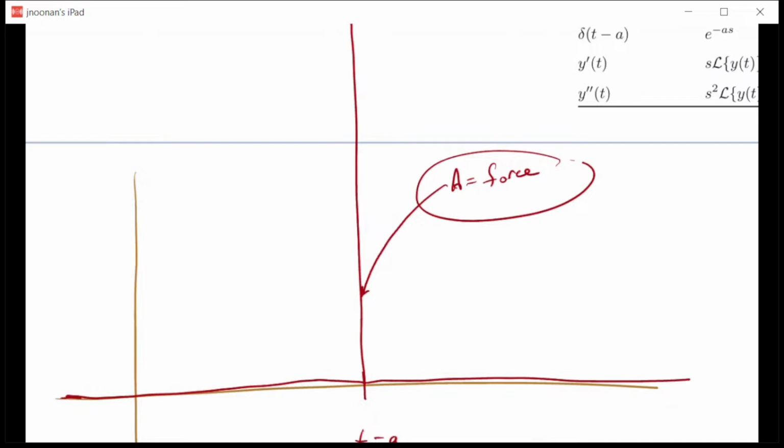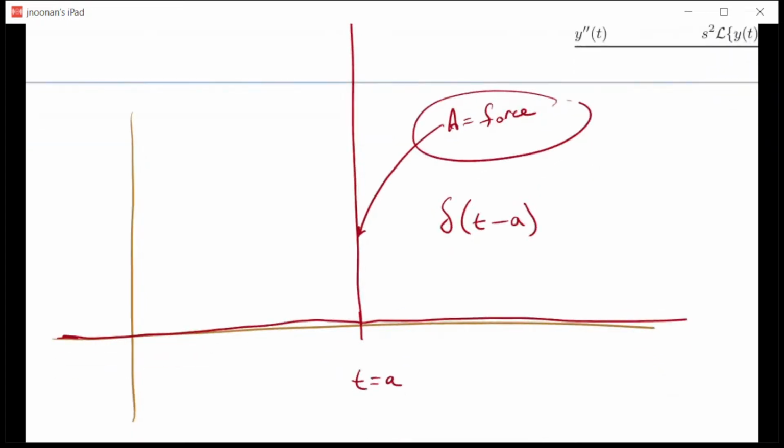That amount of force is going to be the area of that thing. And this particular function is called the Dirac delta function. So delta looks like that. That's the Greek letter delta, lowercase delta. And the way that we're going to write this is delta of t minus a. So that's the Dirac delta function at t minus a.